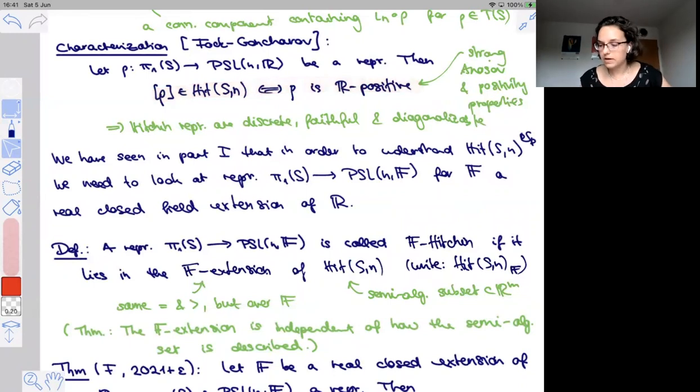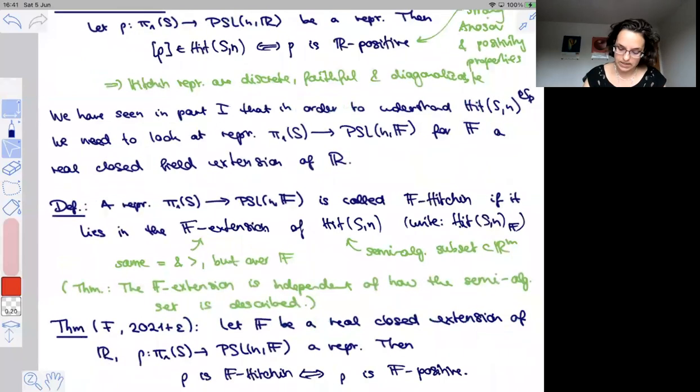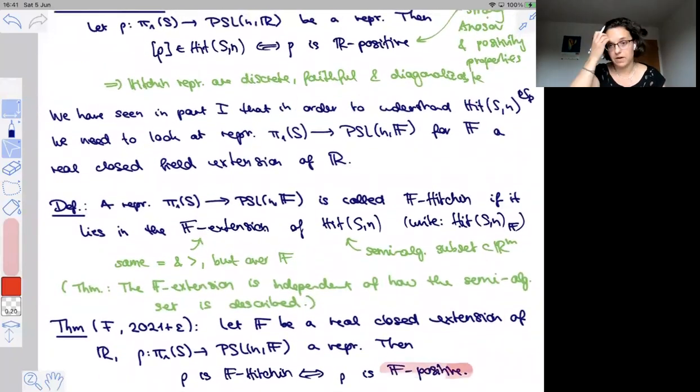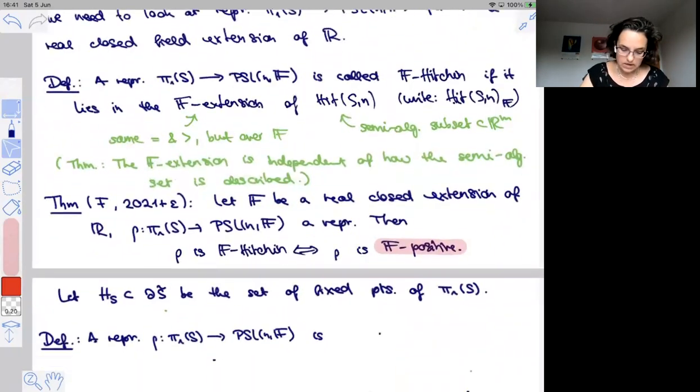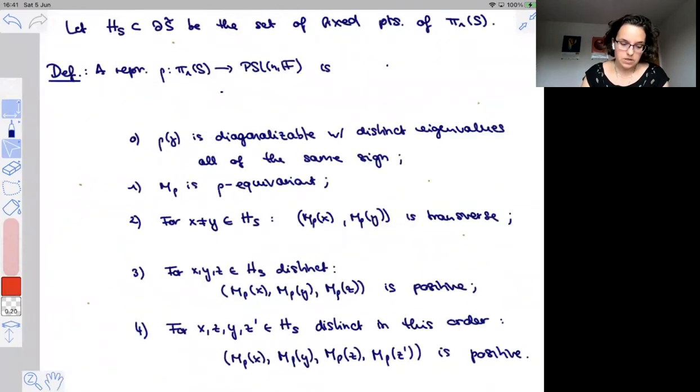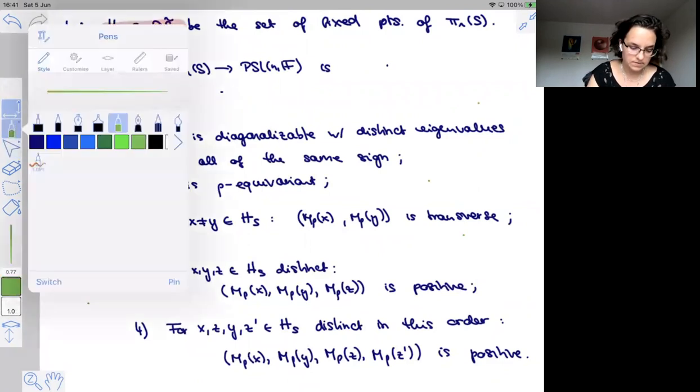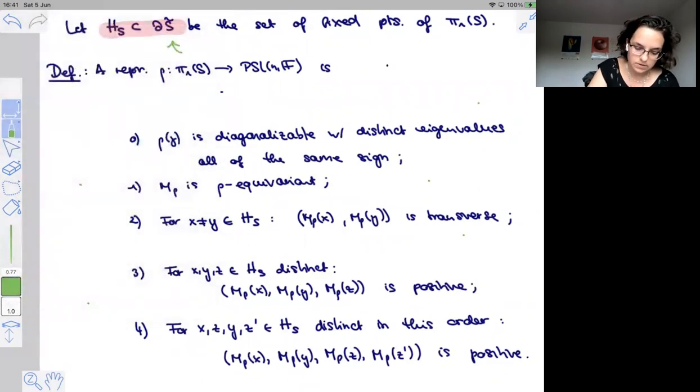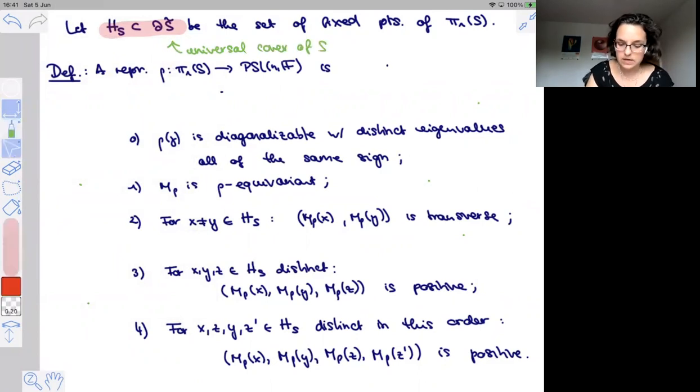Okay, so now let me say something about what is F-positive. Let me define this notion. We take HS to be a subset of the boundary of the universal cover of S, where S tilde denotes the universal cover of S, namely the set of fixed points of the fundamental group of our surface.